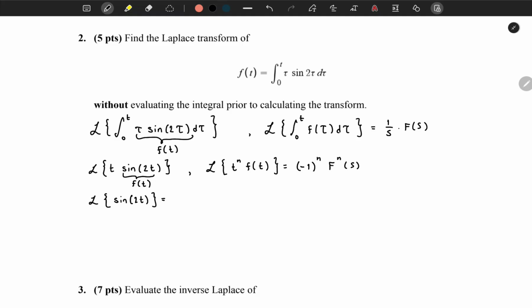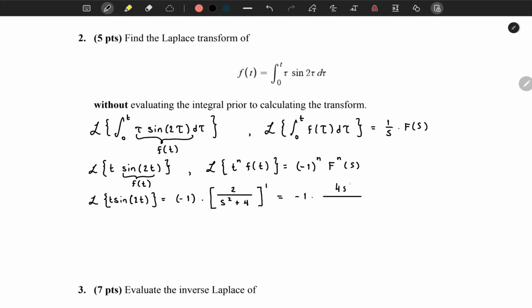So essentially, the Laplace of sine 2t is equal to, well, let's evaluate this together. So we know that this would be negative 1 to the power of 1, which is just negative 1, times, what is the Laplace of sine 2t? It is 2 over s squared plus 4. We differentiate this, so we'll have negative 1 times, I'm just going to skip through the differentiation.